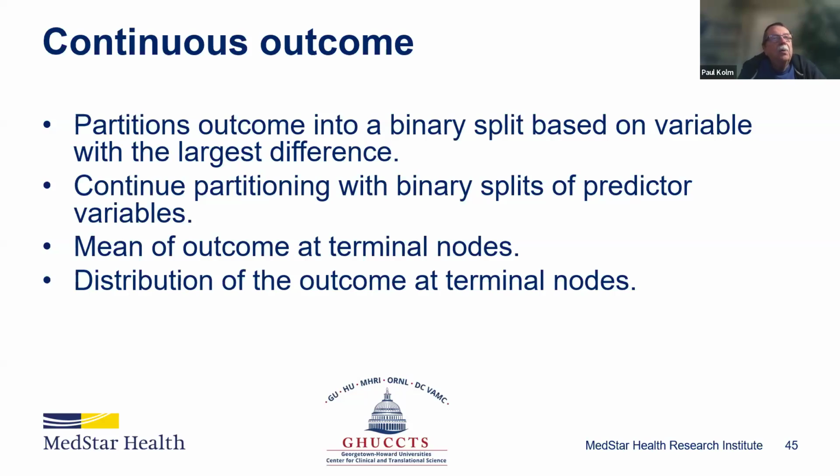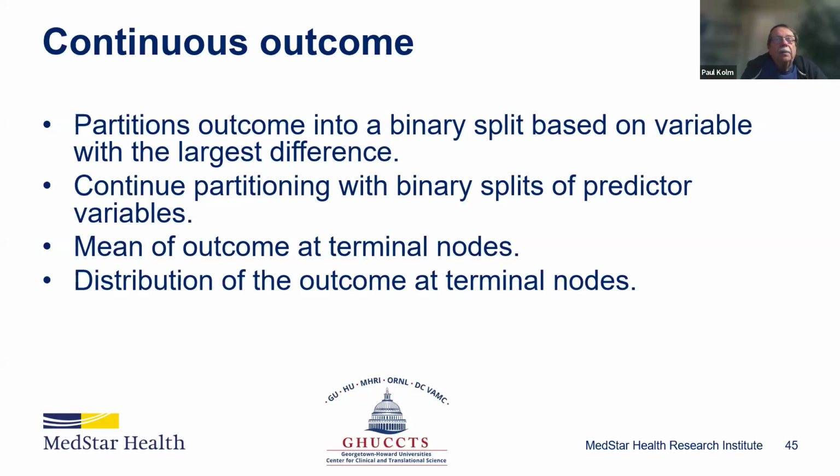Now, what our statistic of interest is going to be is the mean of the outcome at the terminal nodes, or we can also look at the distribution of the outcome at terminal nodes. But we get the same statistics as we do in the classification tree, versus in this case, what we're doing is a regression tree.